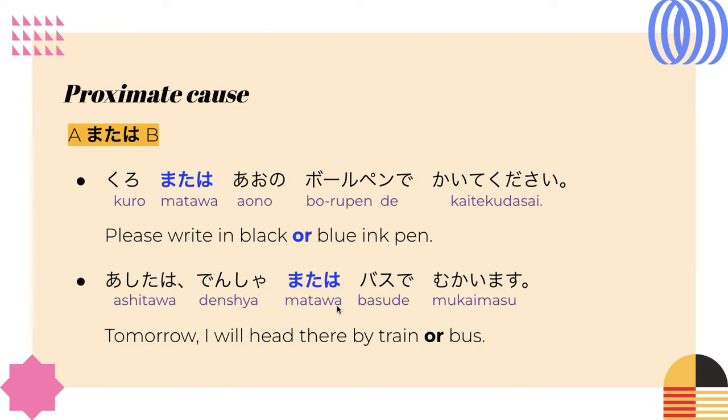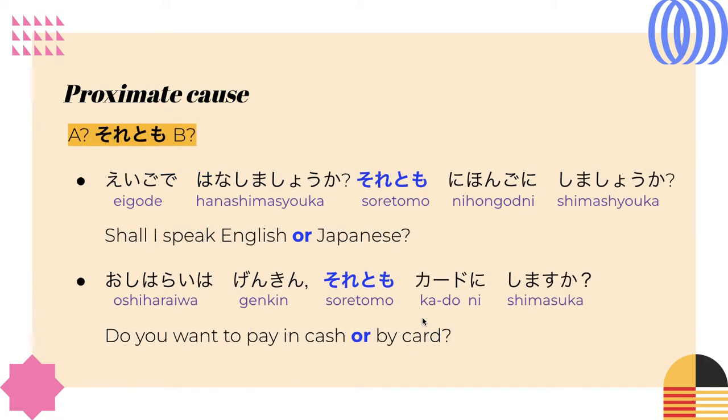Let's look into それとも。 それとも is used like this formula: phrase A with a question mark, それとも, phrase B with a question mark. So it'll be A or B in English.